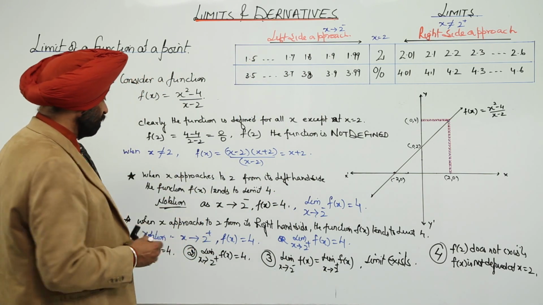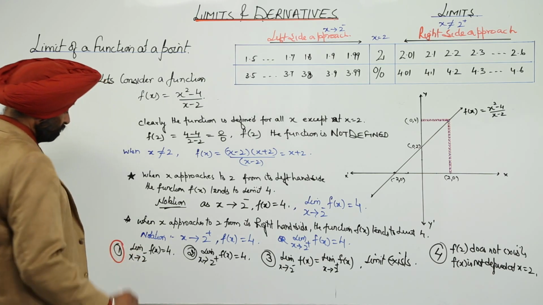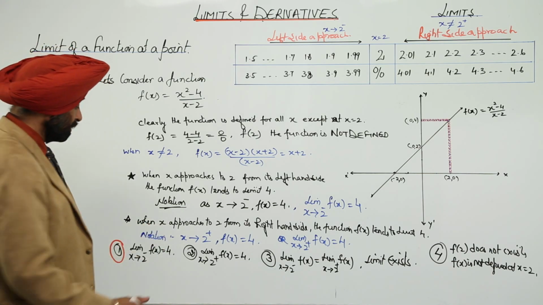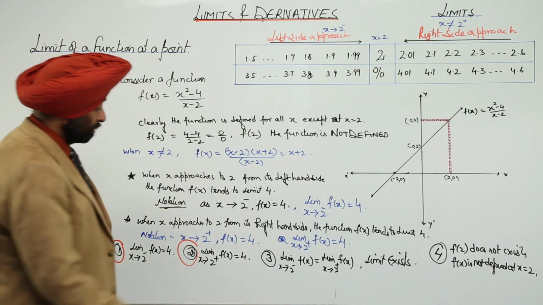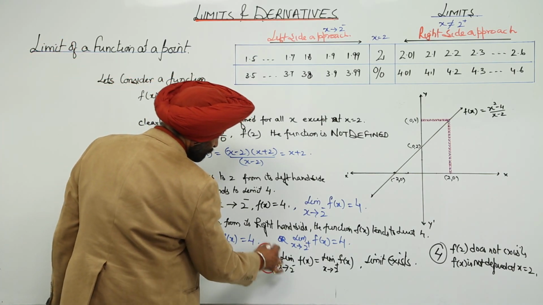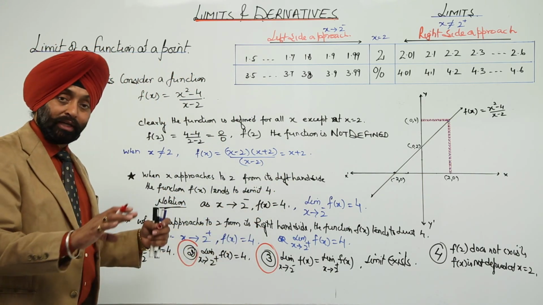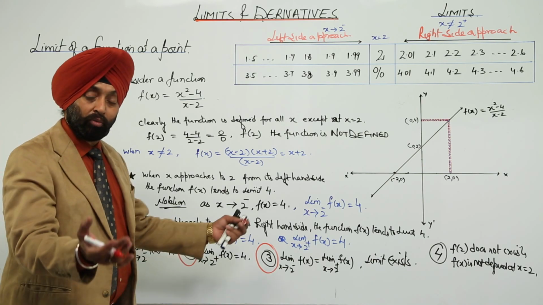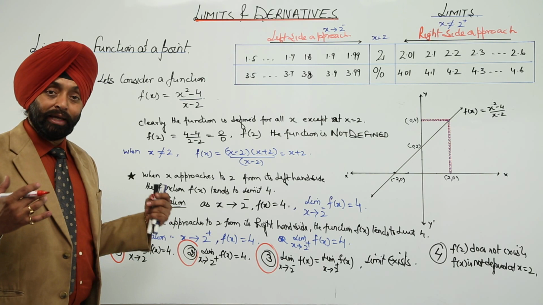The points to remember: number one, approaching from the left hand side. Number two, we have to remember the notations. Number three, when approaching the function from the left hand side and then from the right hand side, the limit should be the same, then the limit exists.